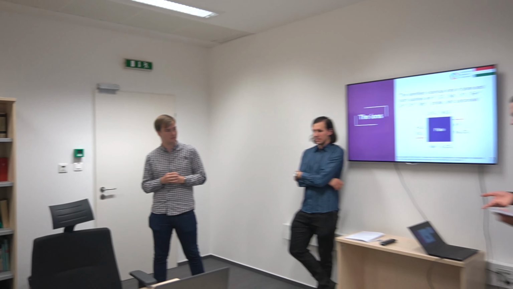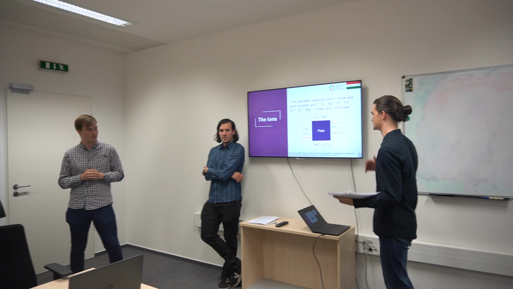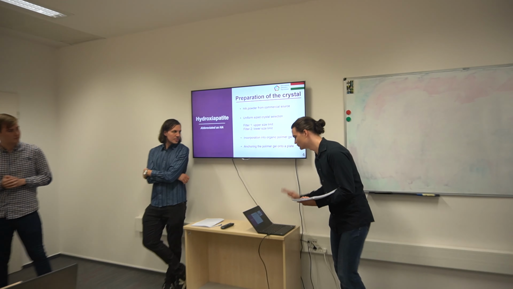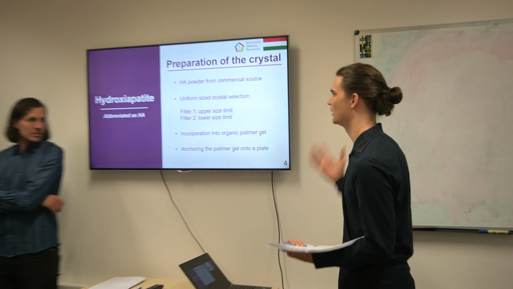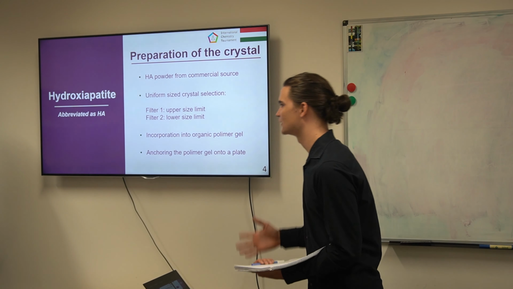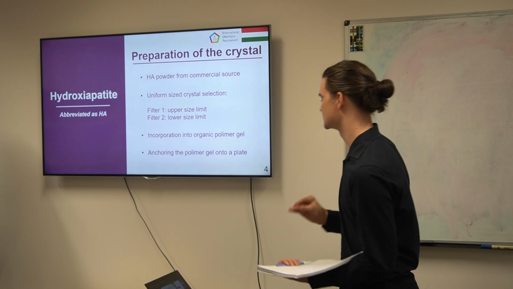If it were the case, then it would be a problem, but it isn't the case, as I said. The first thing that we do with our hydroxyapatite powder is to filtrate it so that we will have uniformly sized crystals.